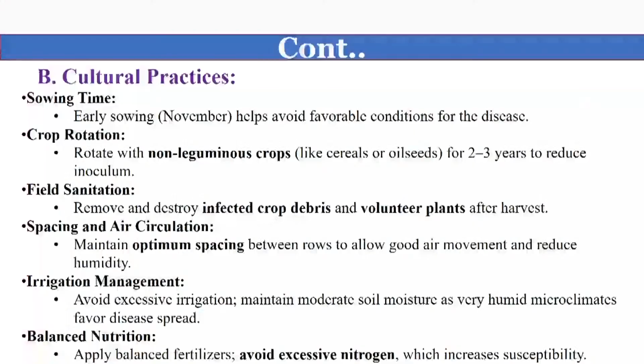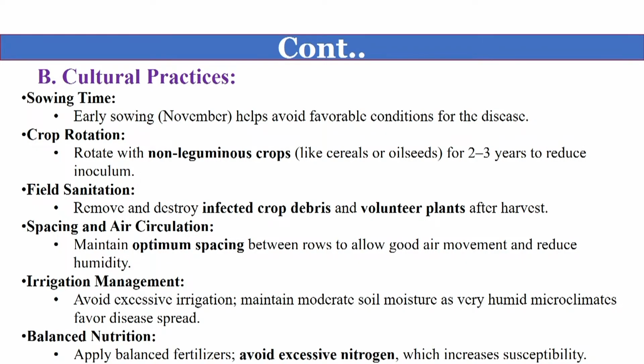For cultural practices, like sowing time, you have to sow early, like in November, which helps avoid the favorable conditions for disease development. You have to rotate with a non-leguminous crop like cereals or oilseed crops for 2 to 3 years to reduce the inoculum potential.